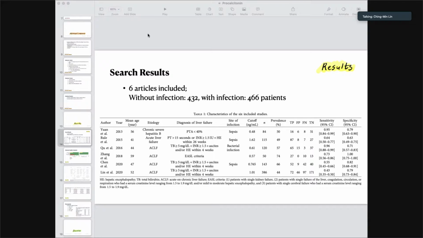Yes, thanks to Dr. Zhou for this question. As this table suggests, they included patients with a liver failure diagnosis with different criteria, like prolonged prothrombin times, INRs, total bilirubins, and even syndromes with hepatic encephalopathy.